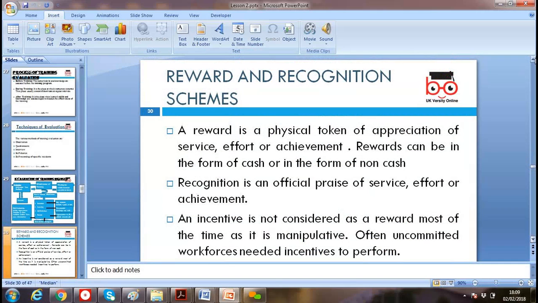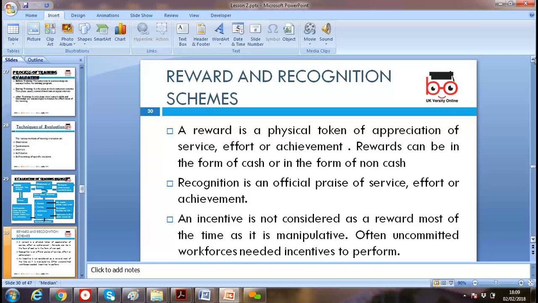Reward and recognition. Does reward help to improve performance? To what extent? Reward systems, like paying bonuses. Yes, if we have a good reward system. Reward is a physical token of appreciation of the service, effort, or achievement.